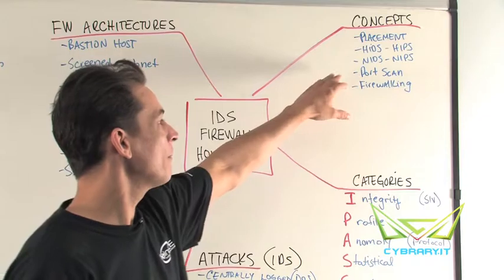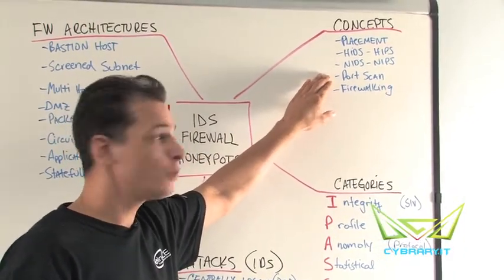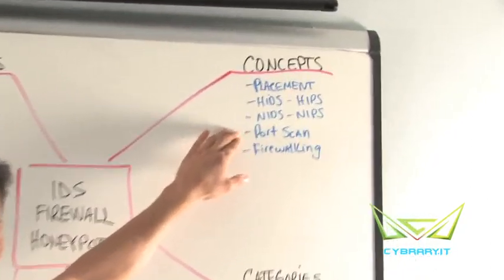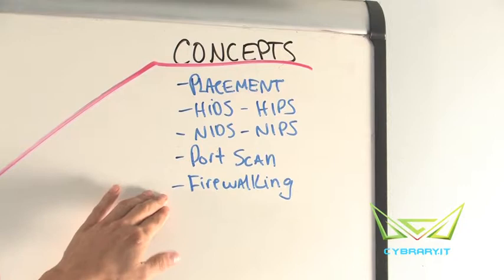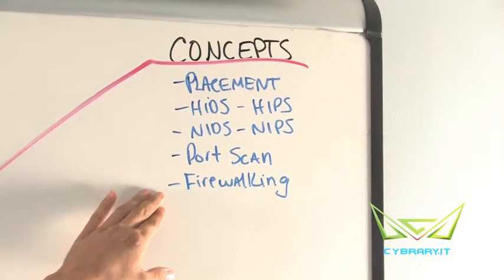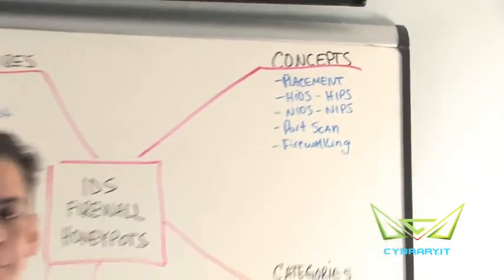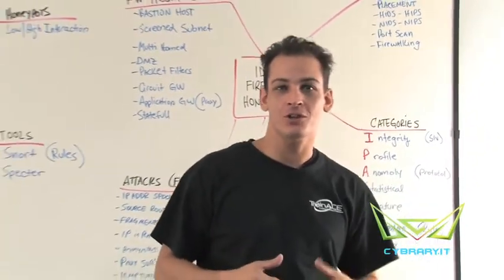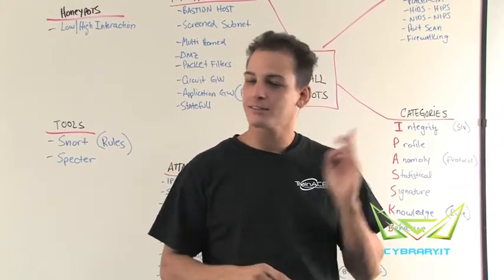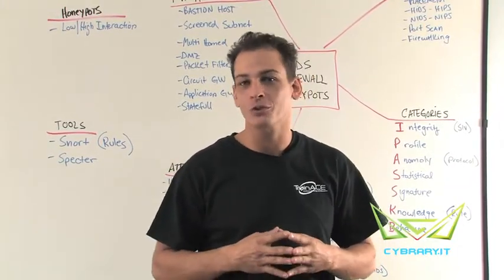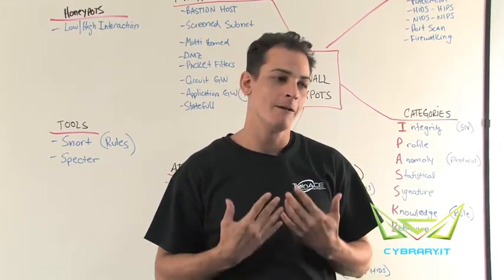Okay? Then we got the concept of a port scan. From a pen tester's point of view, we're obviously looking for hosts and ports and services to see what's available. Also, we want to find out what firewall rules are in place, and that's called firewalking. Well, having a defensive background in computer security for several years, I can assure you that people add tons and tons and tons of firewall rules to their firewalls, but very rarely do they review them to see what has been hit.